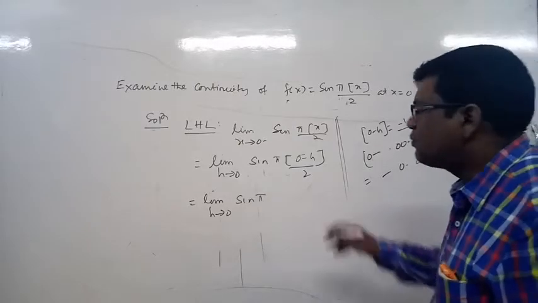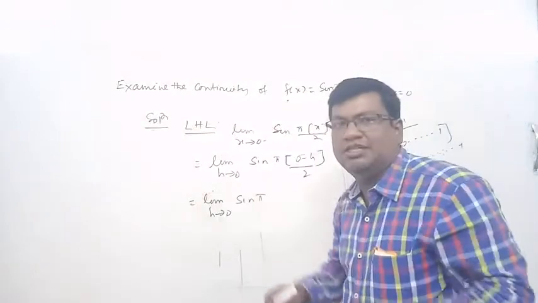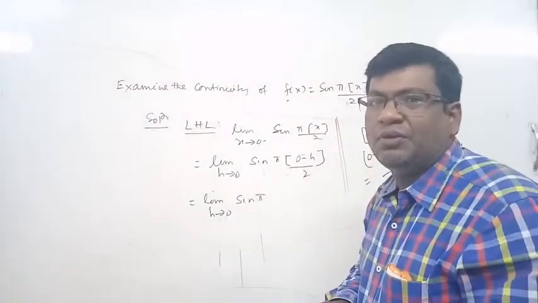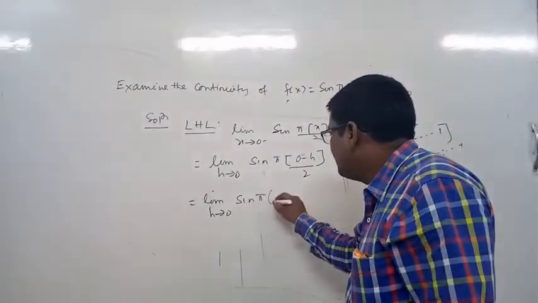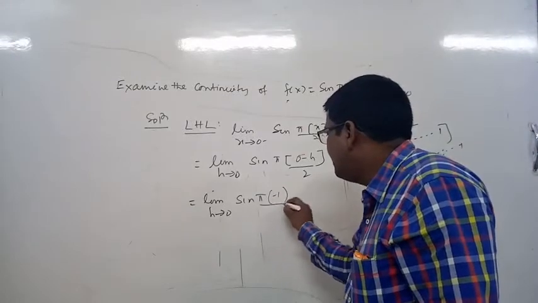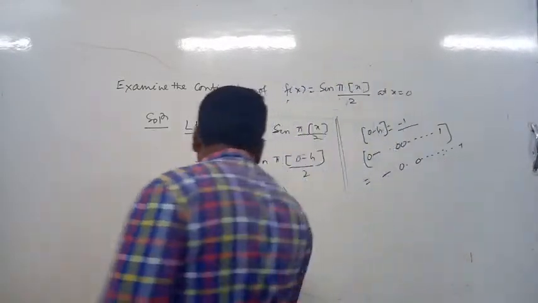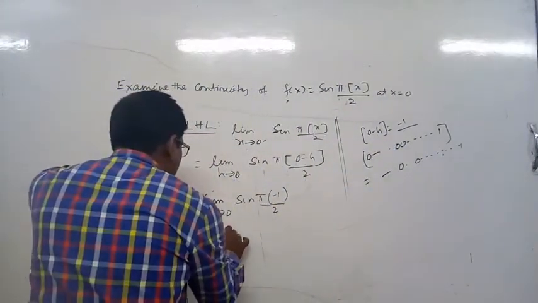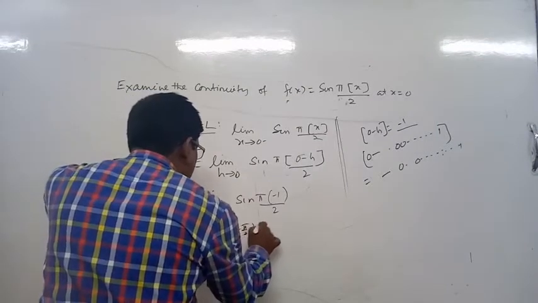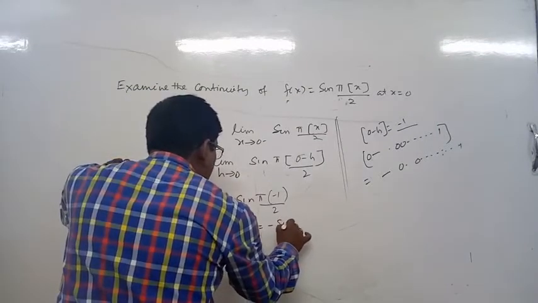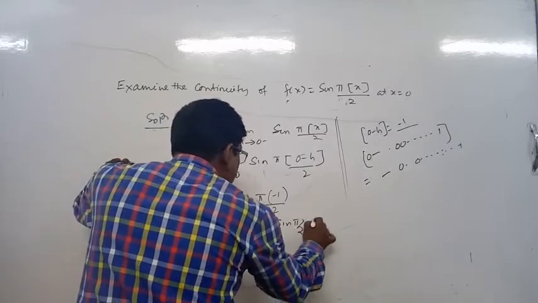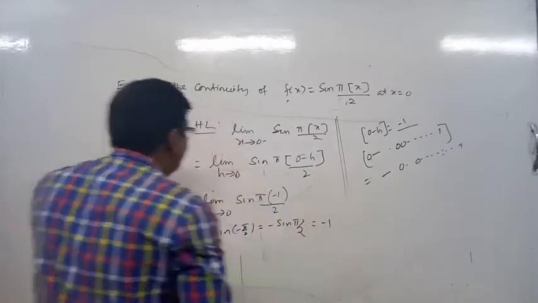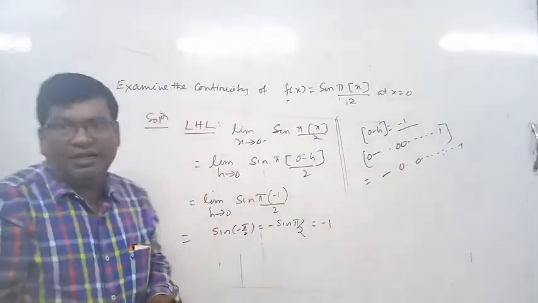So minus 0 point something in square bracket, this is the bracketed function. Minus 0.1 means minus 1. This is equal to minus 1 divided by 2. So this is equal to sin of minus pi by 2, which is equal to minus sin pi by 2, and minus sin pi by 2 means minus 1. This is LHL.